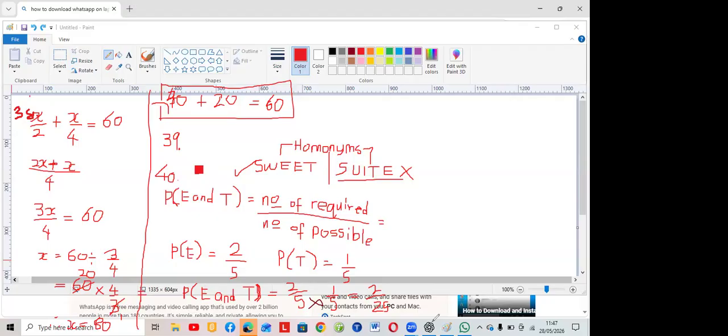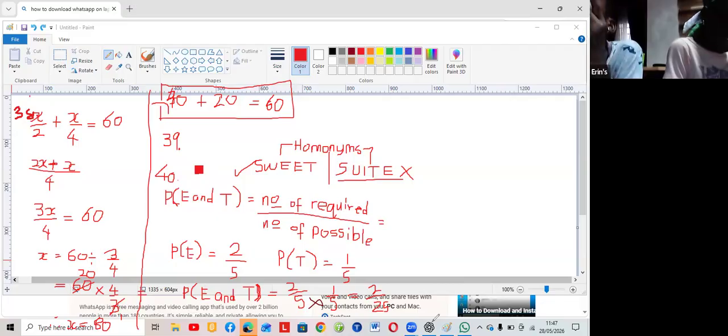So let's just leave it at that. But everything I've said here, as per the formula and the concept for multiplication, whenever you see and, is correct. So please, let's not forget it. Remember that or is addition and and is multiplication. Just take note of it. Then let's go to number 41 so that we can make progress.